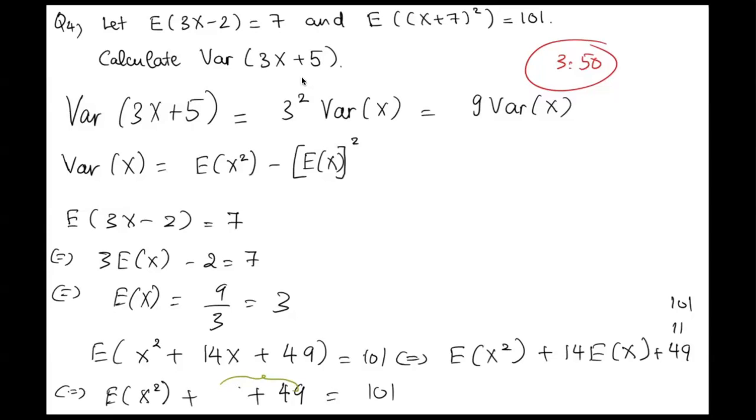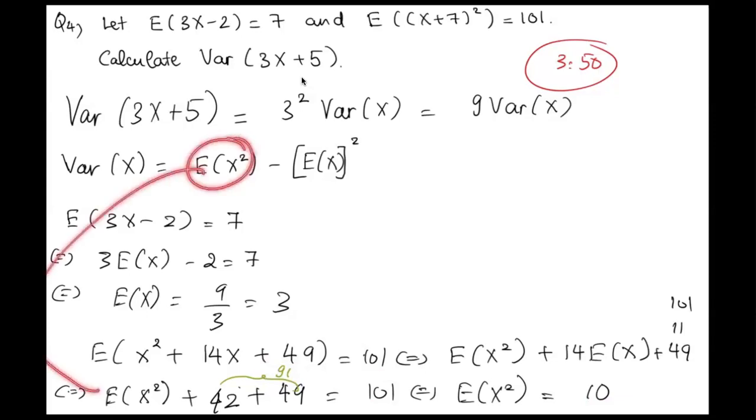So here, expected value of x is 3. So we would have 42 here. And then the summation here would be 91. Then this would give me expected value of x squared is 10. I take 101 minus 91, so I have 10. Now I have this quantity.